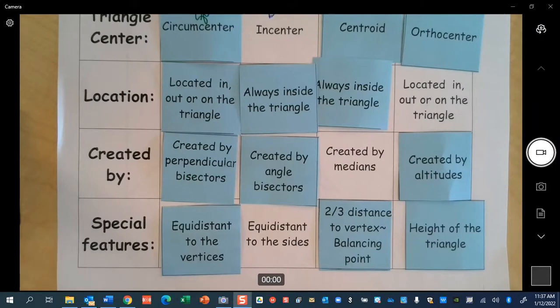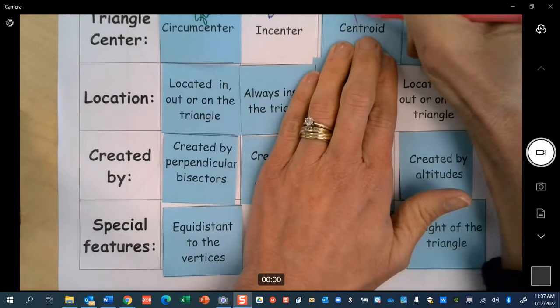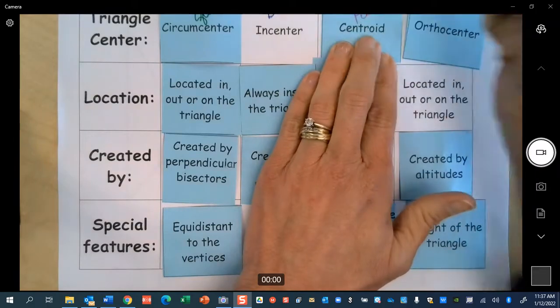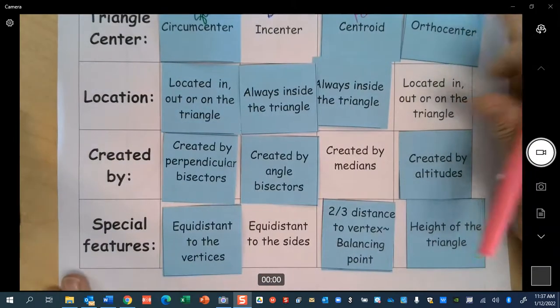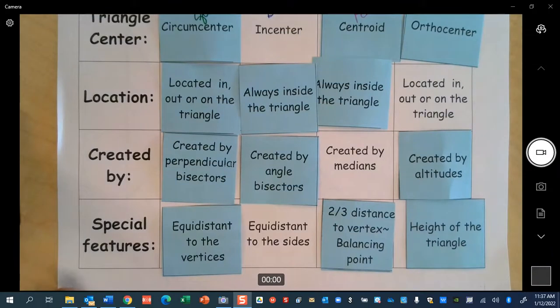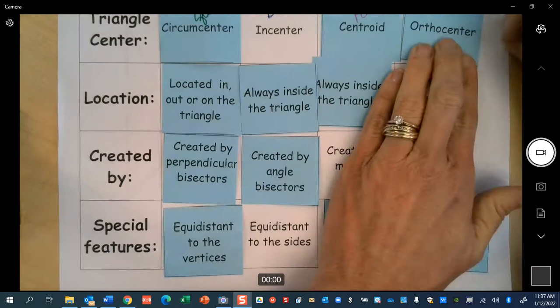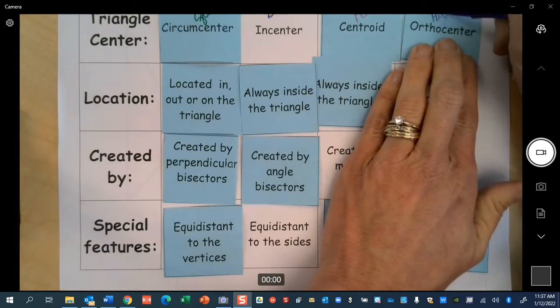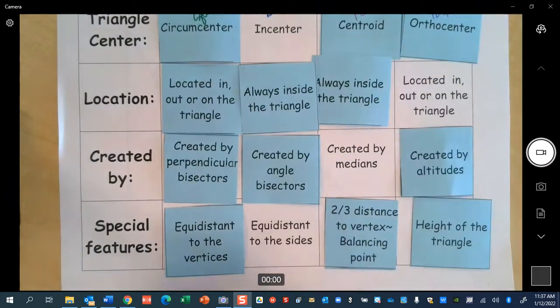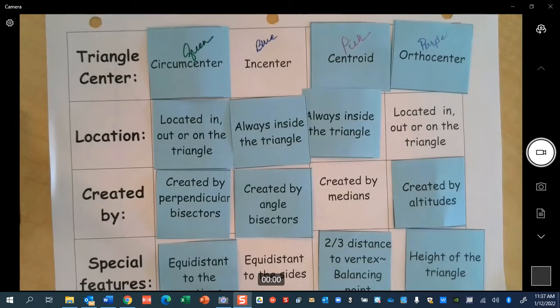This was our pink triangle when we folded and created our medians. And this was our purple triangle when we folded and created our altitudes.